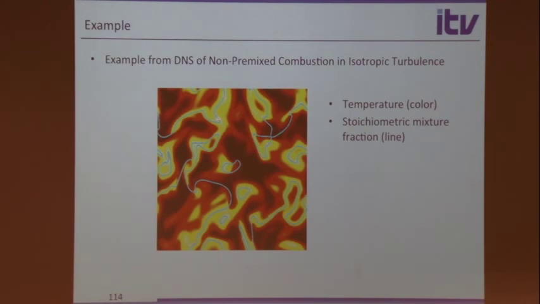And you see that for most of these cases, that is actually a very good assumption. In particular, this DNS was done to look at local extinction phenomena. And if I have local extinction like here, then it's not a good assumption. Then right at this point, the change along the flame surface also is very strong because of extinction here. But otherwise, it is not.